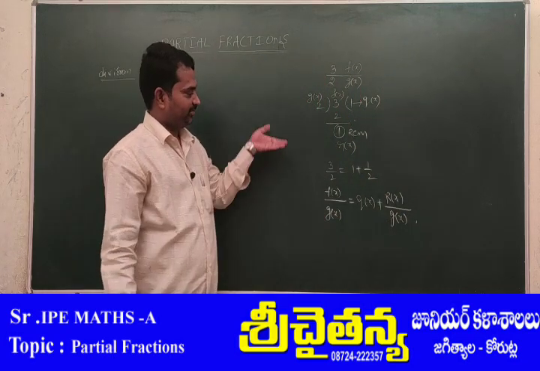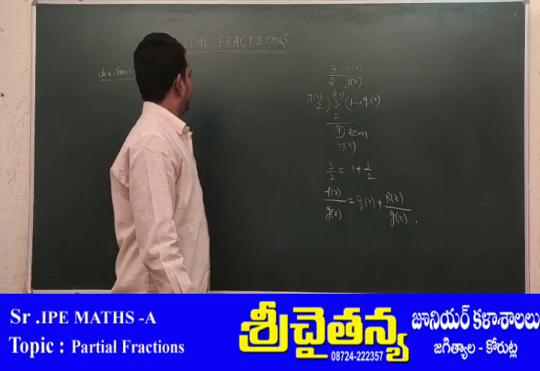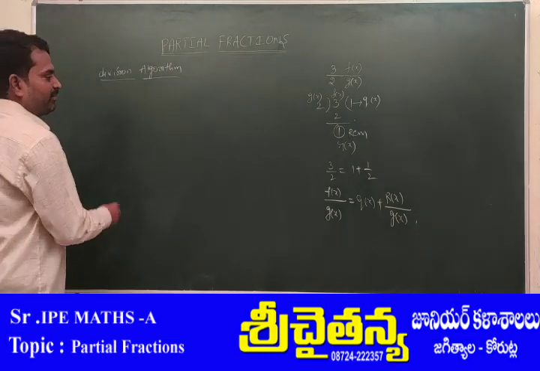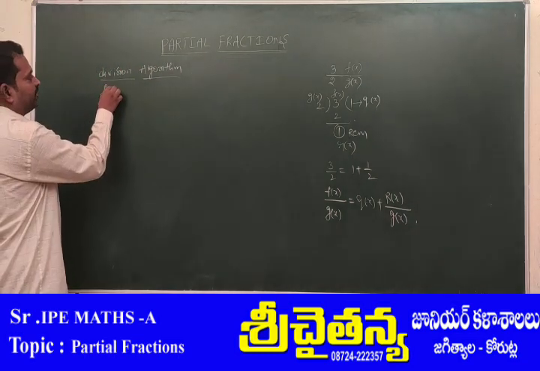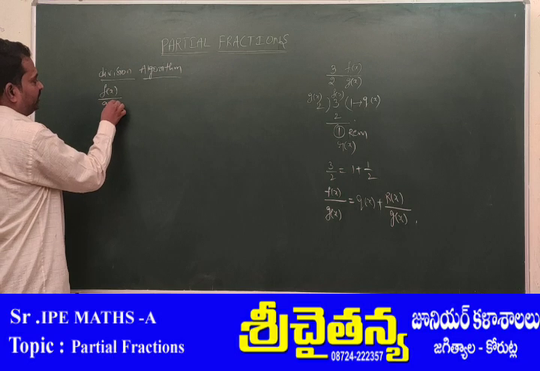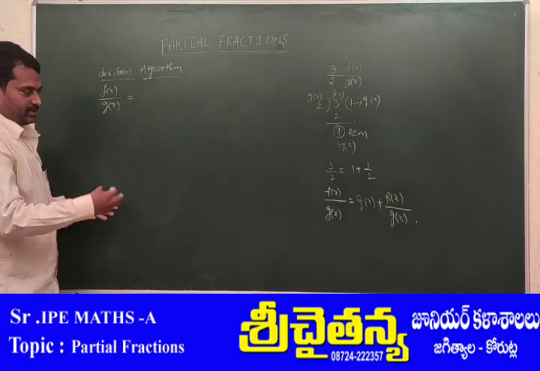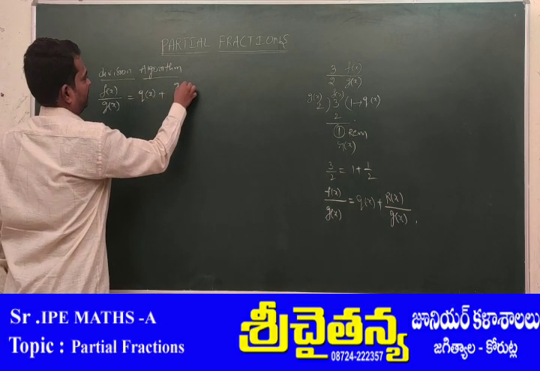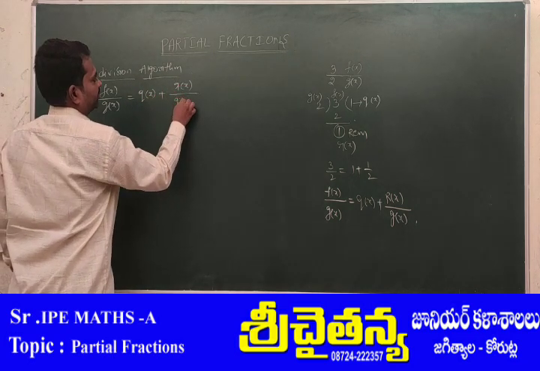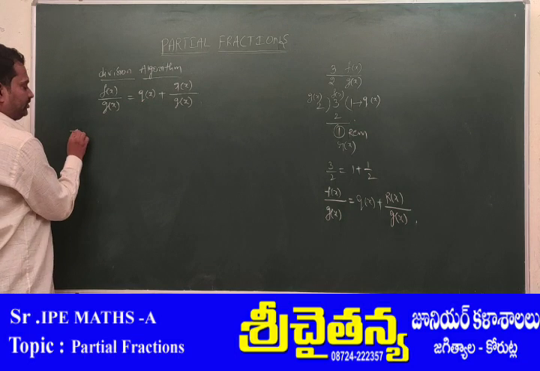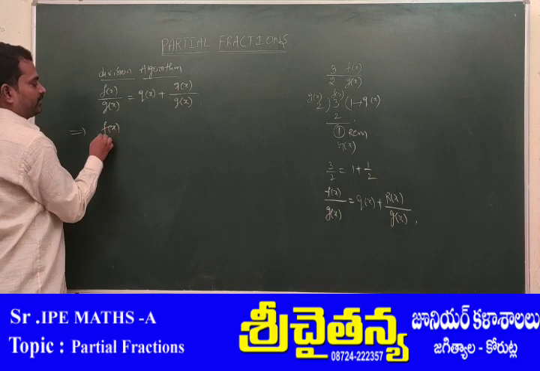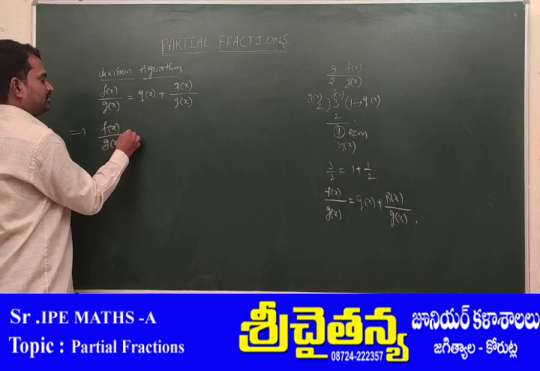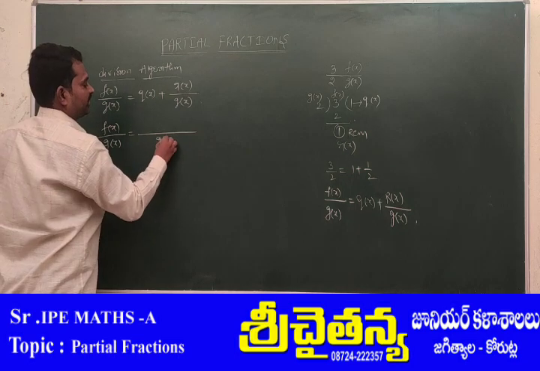This is the way of expressing like this. Now, here we can apply that one. What is meant by division algorithm? It means f of x by g of x can be written as q of x plus r of x by g of x. That means, just write here, f of x by g of x is equal to, what is the LCM here? g of x.